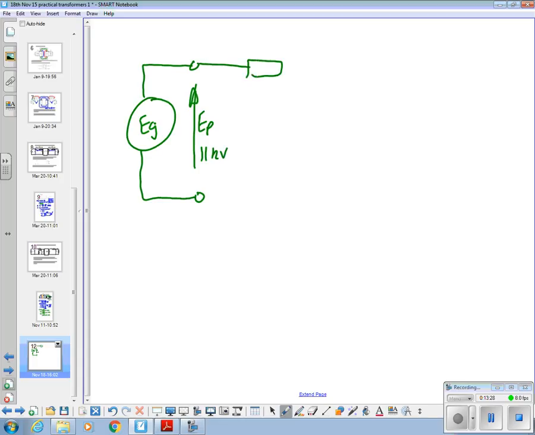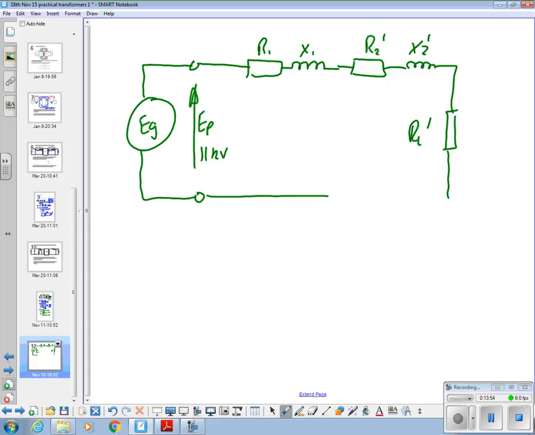We've got an R1 and an X1 in series with R2 dash and X2 dash, RL dash, like that, and our transformer is now in there and redundant.